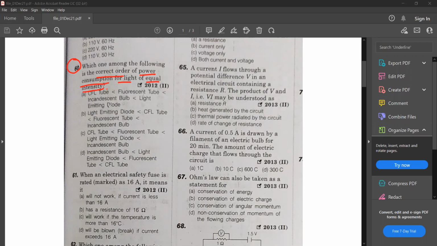In the options you have CFL, fluorescent tube, incandescent bulb, light emitting diode, that is LED. So which is consuming more power, less power, like that you have to arrange. So go through the options and comment the answers.